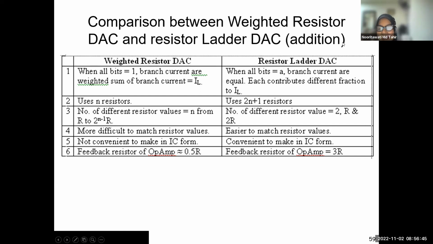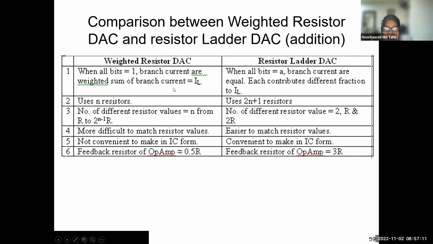While for the resistor ladder DAC, we only use 2 different resistors, which are R and 2R. In terms of matching the values, the weighted resistor may have a bit of disadvantage because it is quite challenging to match the resistor values. Whereas for the resistor ladder, it depends on only 2 values, R and 2R.